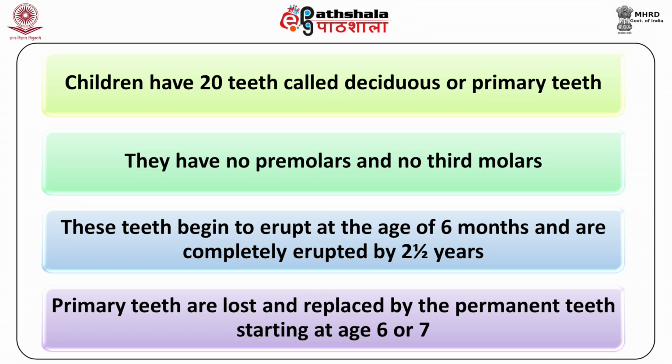These teeth begin to erupt at the age of 6 months and they are completely erupted by 2.5 years. The primary teeth are lost and replaced by the permanent teeth starting at the age of 6 or 7. In the universal system, primary teeth are designated by letters A through T.